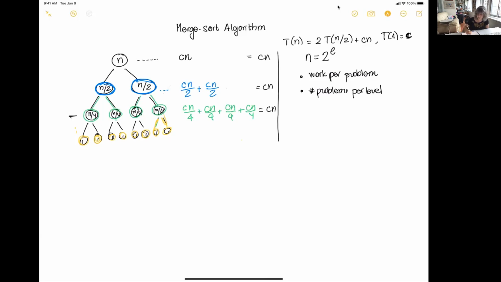In this particular case, it turns out that the work per level is a constant C times n, independent of the level. Now let's see, how do we label, how do we number the different levels? To go from one level of the tree to another, the top is usually called the root of the tree, and the final ones are called the leaves of the tree.